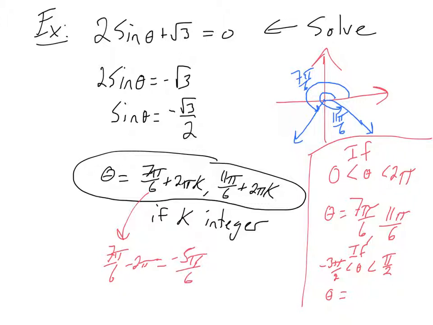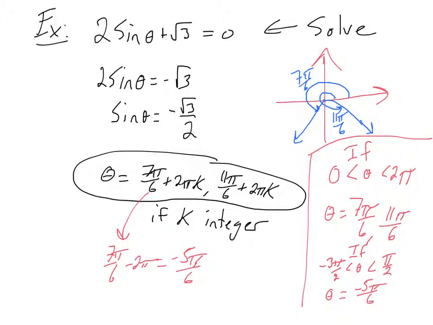Is that between negative 3 pi over 2 and pi over 2? Is it bigger than negative 3 pi over 2, bigger in the sense that it's farther to the right on the number line? It is, yeah. So negative 5 pi over 6 is in that domain.